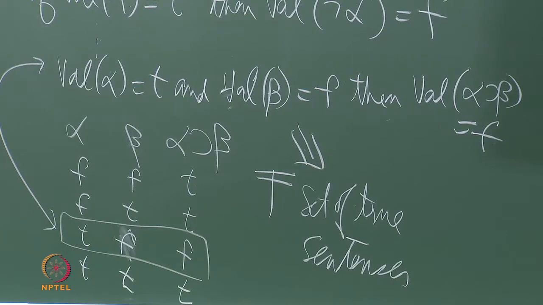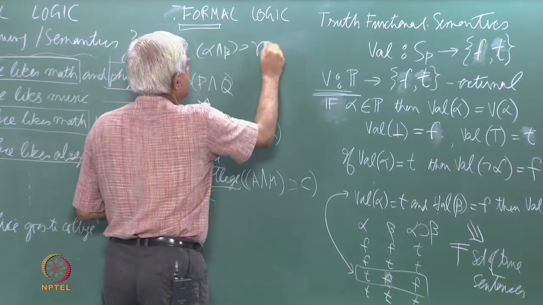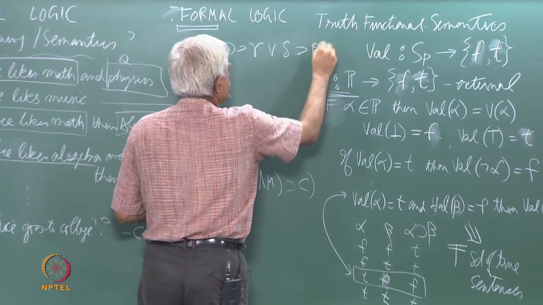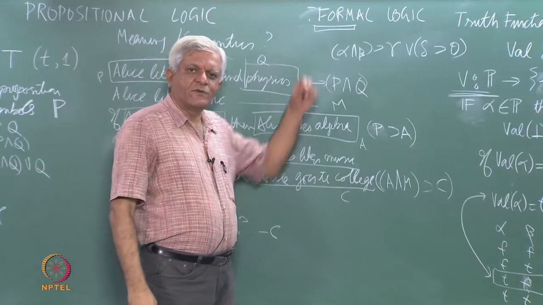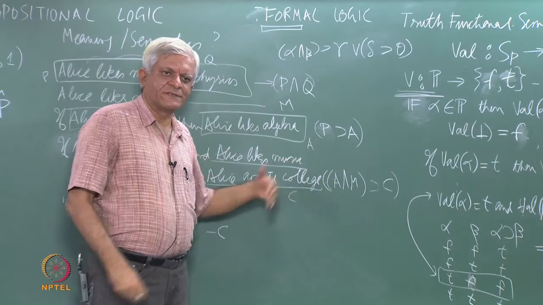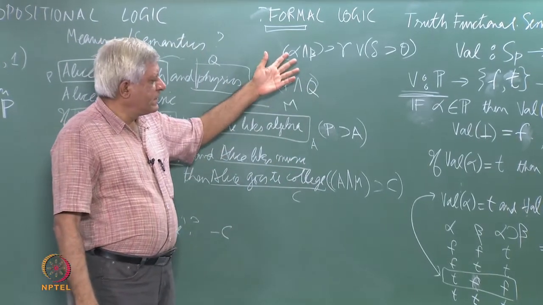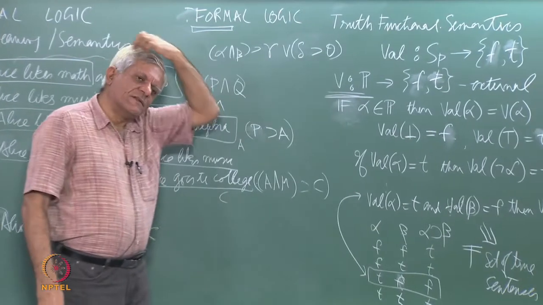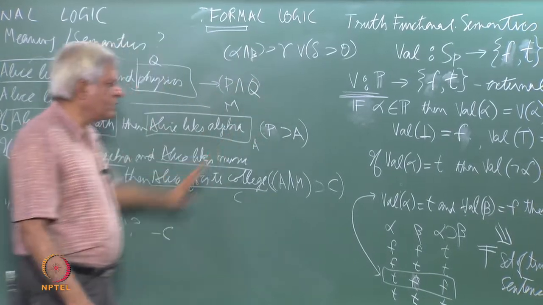If I had a sentence like alpha and beta implies gamma or delta implies theta, then I have 5 variables and I would have 2 raised to 5 rows in my truth table. So, the size of the truth table grows exponentially with the number of propositional variables that I use in my sentence essentially. So, I do not want to construct a truth table.